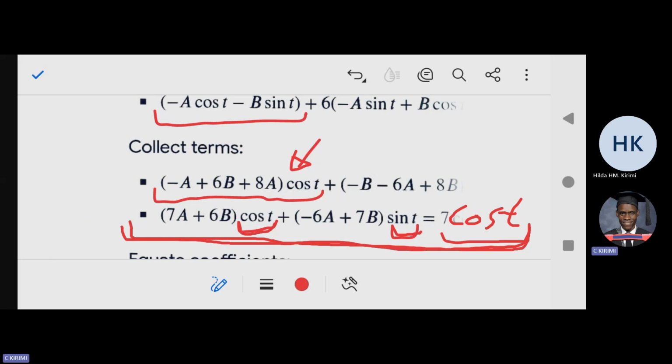So use your knowledge of mathematics, cancel out the common factors which you are seeing, then you solve for A and B. I'll give you 1 minute, 2 minutes so that you finish and find the values of A and B in that equation, which is given above. So in other words, you are looking for the values of A and B.